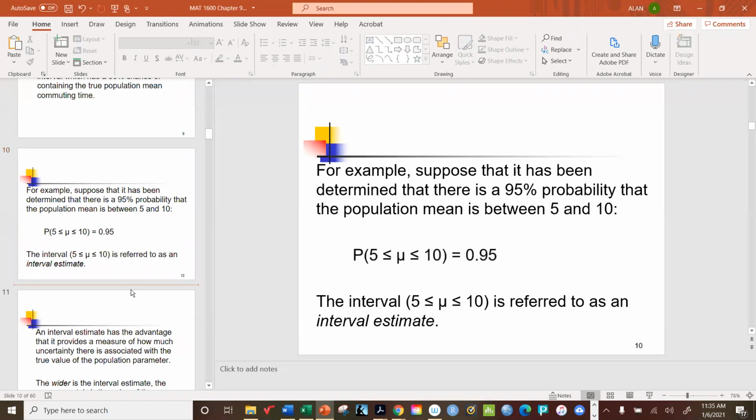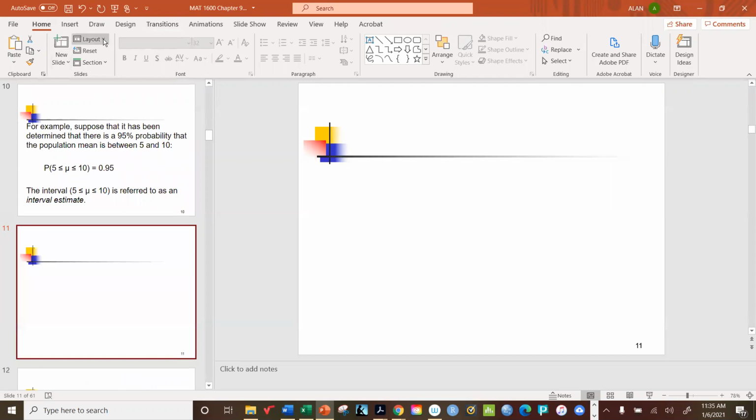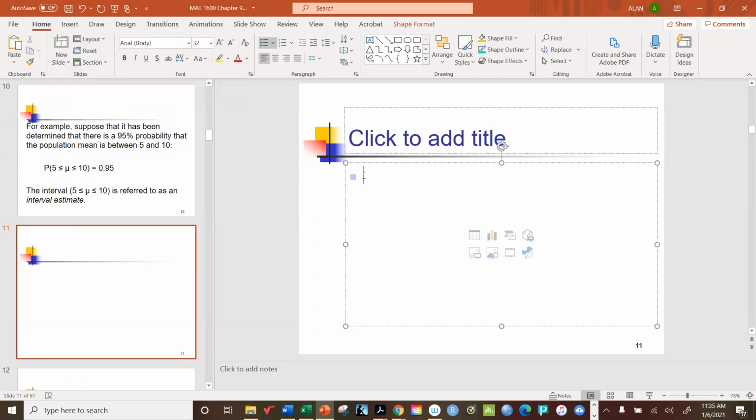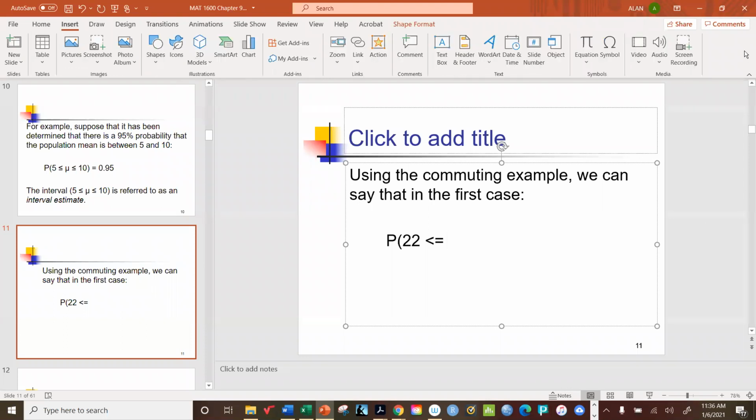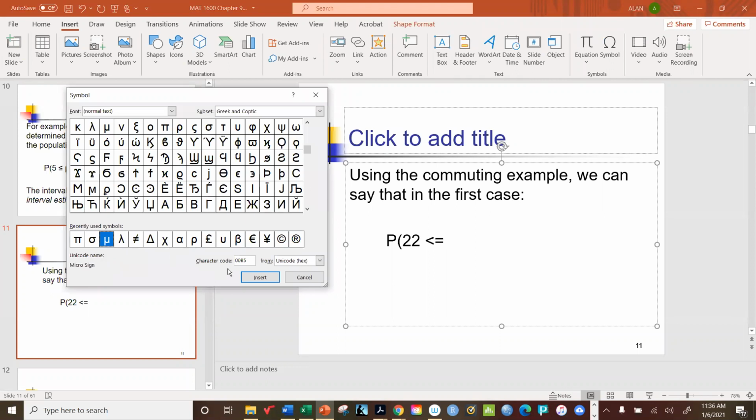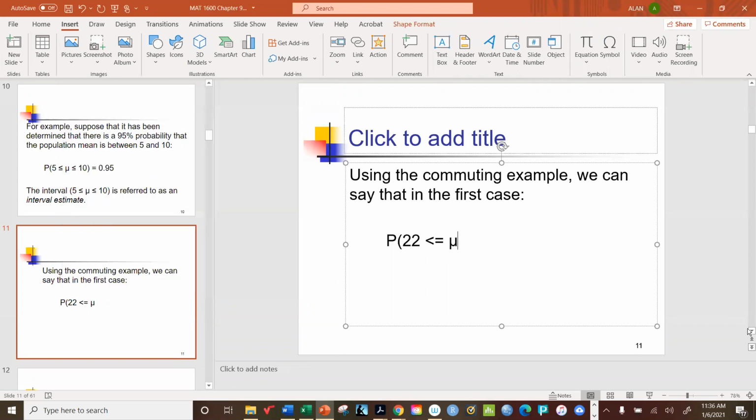So for example, with your commuting situation, we can say that in the first case, the probability that your time will actually be between 22 and 26 is, let's say, 95%.